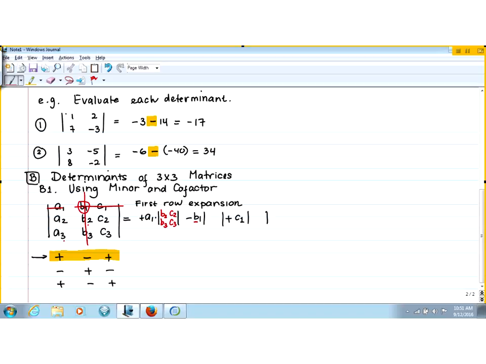What is the minor of B1? A2, A3, C2, C3. So that's what I'm going to write: A2, A3, C2, C3. Right?